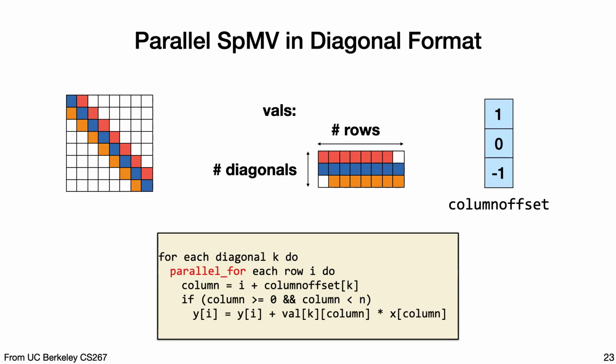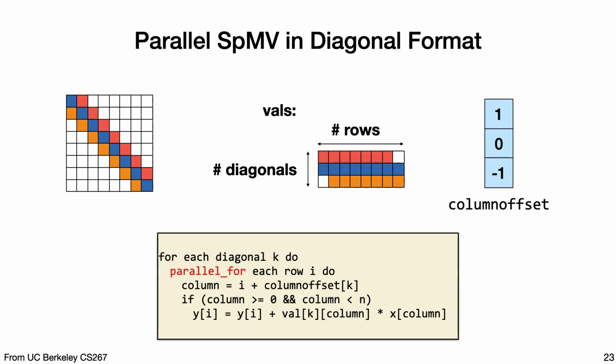And then the algorithm only has to compute for every diagonal. You're trying to compute sparse matrix vector. You can parallelize over the rows, just similarly as we did in the previous case. But now, rather than previously, we were reading the column ID from the CSR.